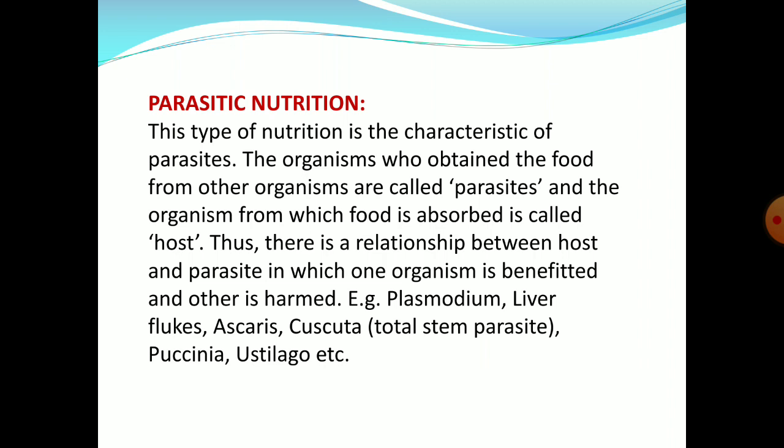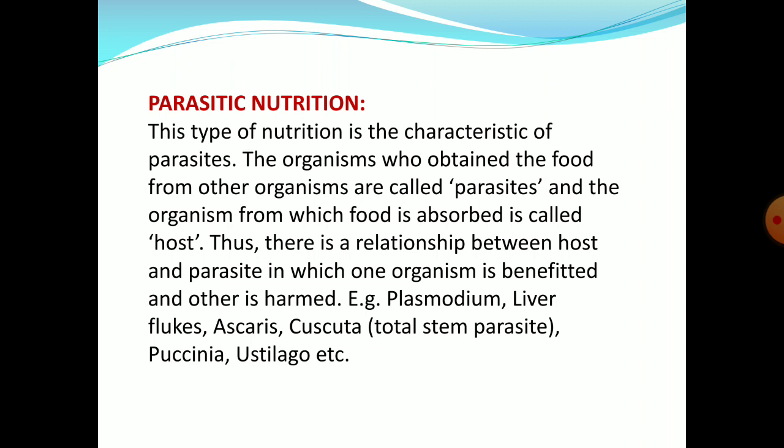Next one is parasitic mode of nutrition. It is the characteristic of parasites. Those organisms who derive their nutrition from other organisms are called parasites, and the organism from which food is absorbed is called host. So here there is a relationship between host and parasite in which one organism is benefited and other is harmed.